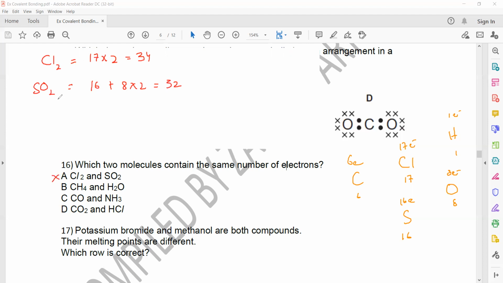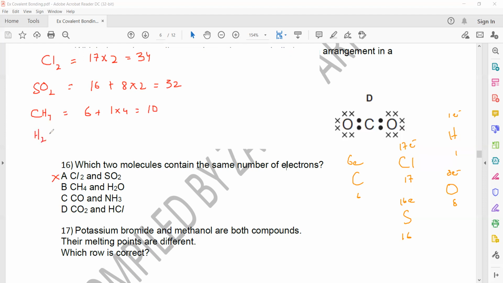What about option B? When we check CH4, carbon has 6 electrons, atomic mass is 12, number of electrons is 6, plus hydrogen has 1 electron multiplied by 4, so 4 plus 6 equals 10 electrons.